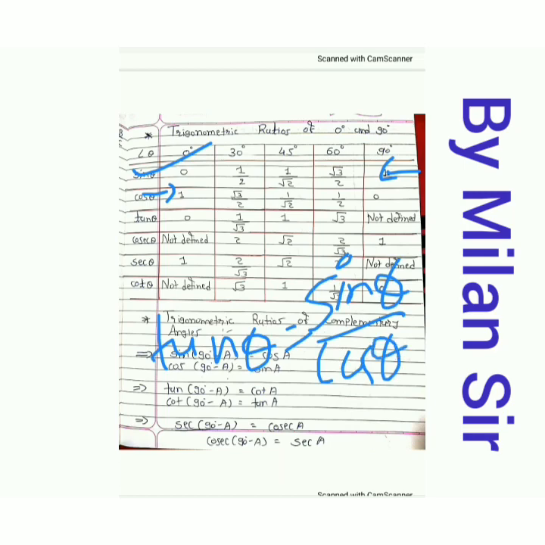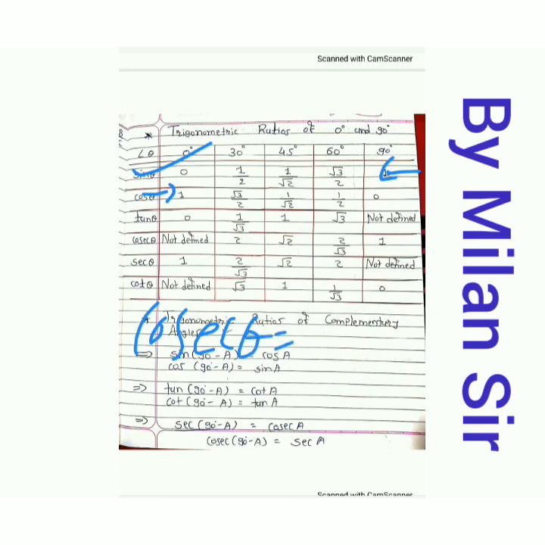Then for cosec theta, it is the inverse of sine, right? So 1 upon sine theta. Then if we reverse the order of cosec theta, we can get the values of sec theta. And if we reverse the order of tan theta, then we can get cot theta, right?